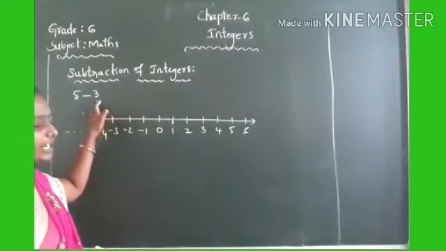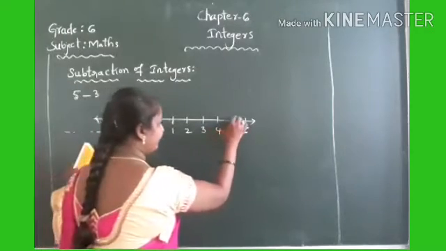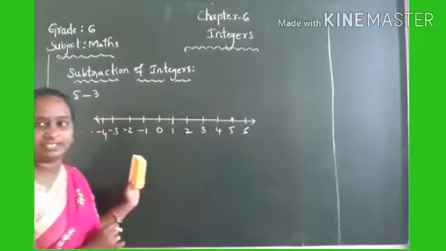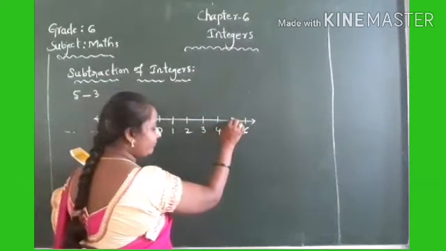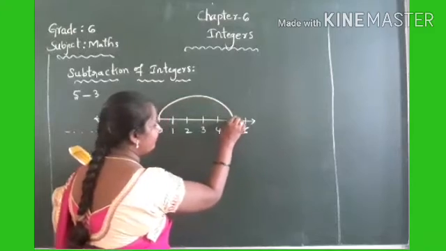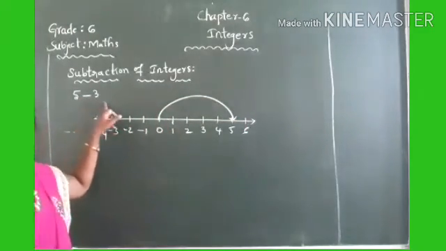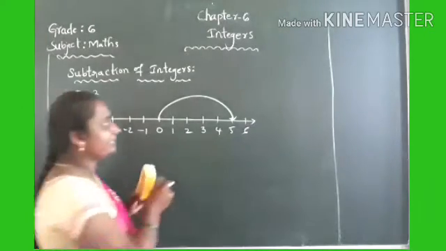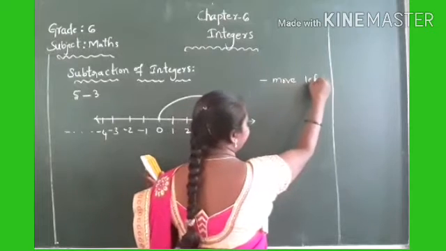So you have to start from where? Yes, you have to start from 5. How will you reach 5? Yes, from 0 to 5. Now your place is at 5. Minus 3. When I give a minus, it means you have to move to the left side.